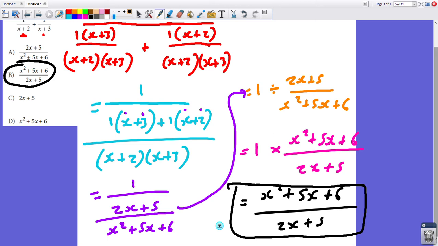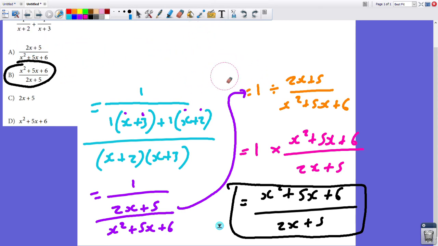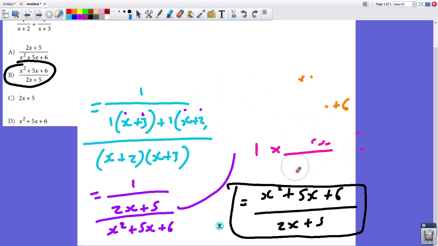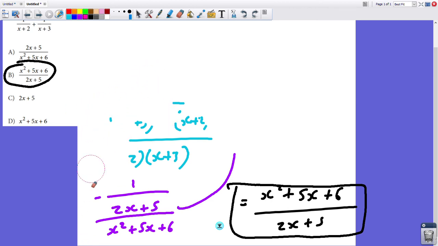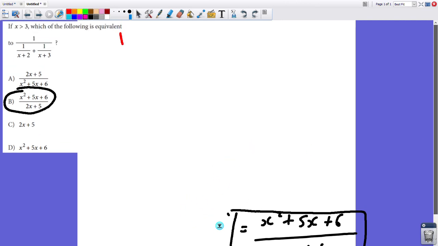So that's the answer. Now we can convince ourselves that is the correct answer by substituting in a value for x. It has to be a value greater than 3. So I could pick, for example, x is equal to 10, sub it into what I've got, sub it into what they gave us at the start, and it should yield the same answer in both cases.